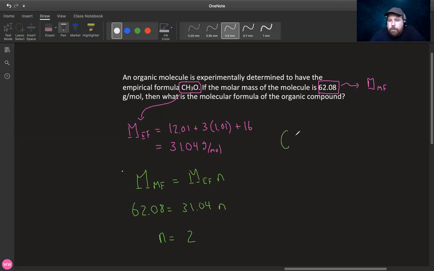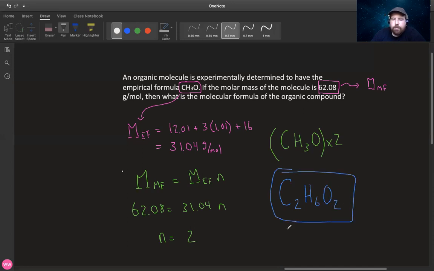So if we take our empirical formula CH3O and multiply it by 2, all those subscripts are multiplied by 2, we find our new molecular formula to be C2H6O2. There is our formula here.